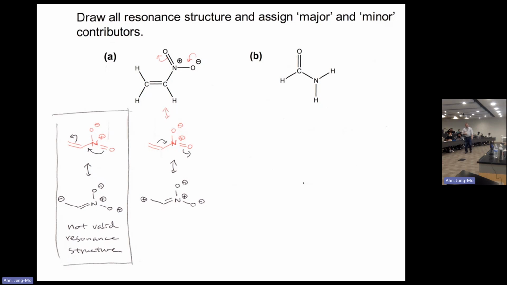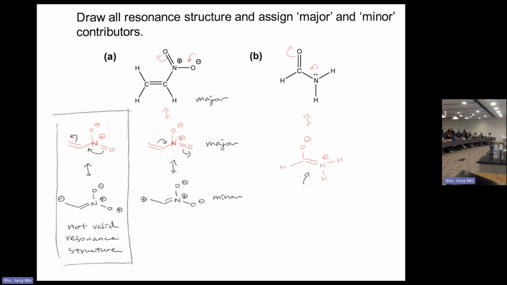But this one, the nitrogen, even though I didn't show the lone pair there, you should imagine a lone pair on the nitrogen. That lone pair on the nitrogen is the one that actually participates in the resonance structure of the carbonyl.